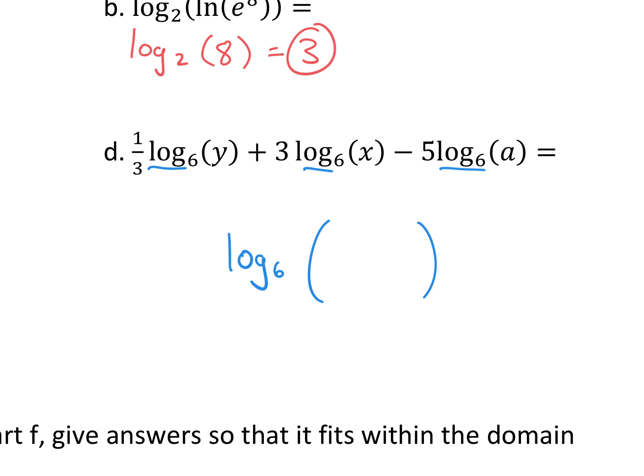It's going to be the cubed root of y. That's a cubed root because that 1/3 can become an exponent. And then we also have times x to the third power. In our denominator here, we're going to have a to the fifth. And that is our condensed log.